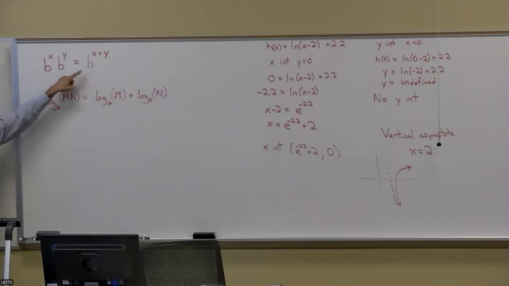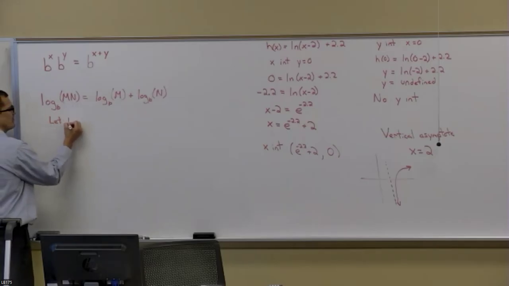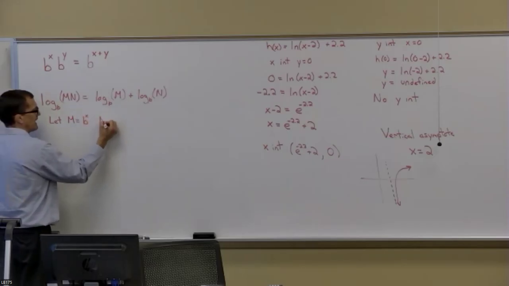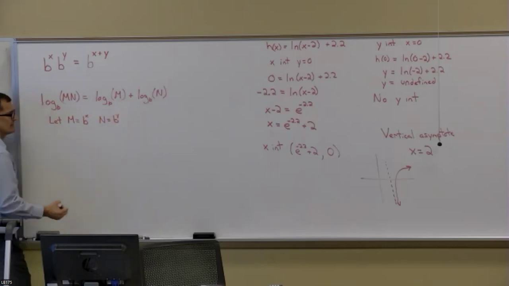In this equation, we can think of m as being b raised to the x power, and n as being b raised to the y power.